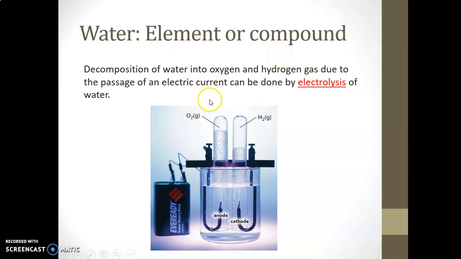So a test was done to find out whether water is an element or a compound. They did a decomposition of water into oxygen and hydrogen using electric current, which is called the electrolysis of water. They set it up with an anode and a cathode and determined how the electrolysis process happens with oxygen and hydrogen.